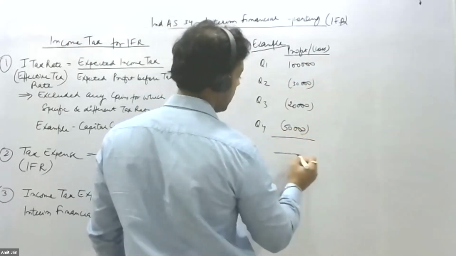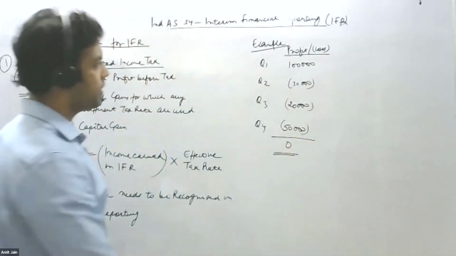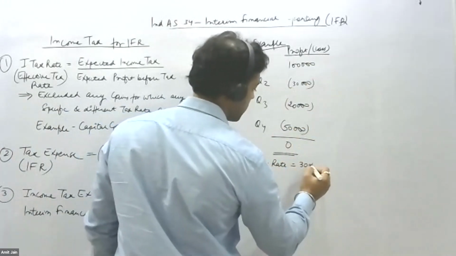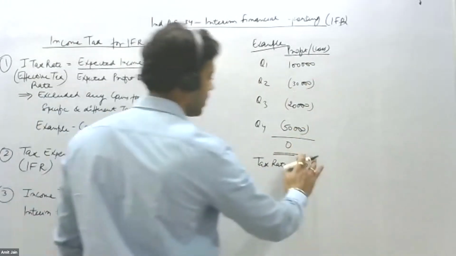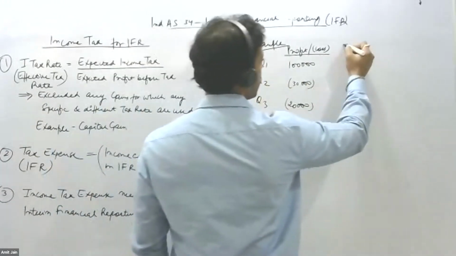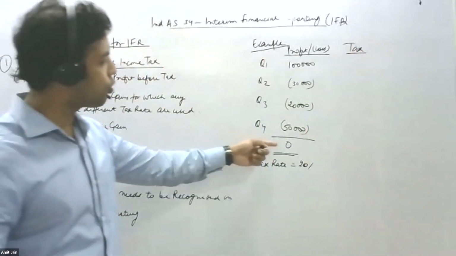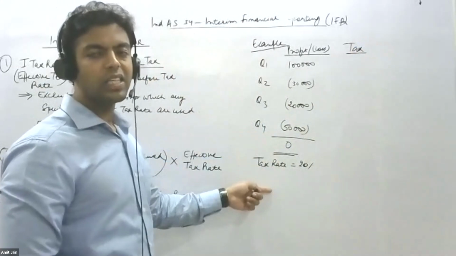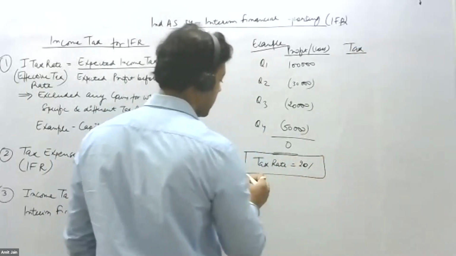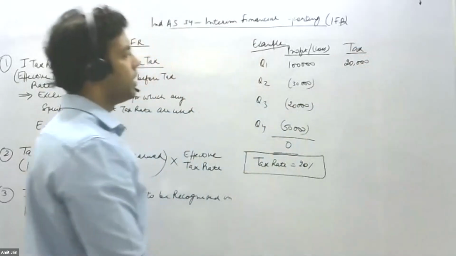Now in this case, for the entire year, there will be zero income. Let's say the tax rate is 20%. What will be the tax expense in this case? If I compute the effective tax rate, it comes out to be zero because the total income is zero. But in this case, I need to recognize the tax expense at the rate of 20%, so the tax expense will be 20,000 in this particular period.